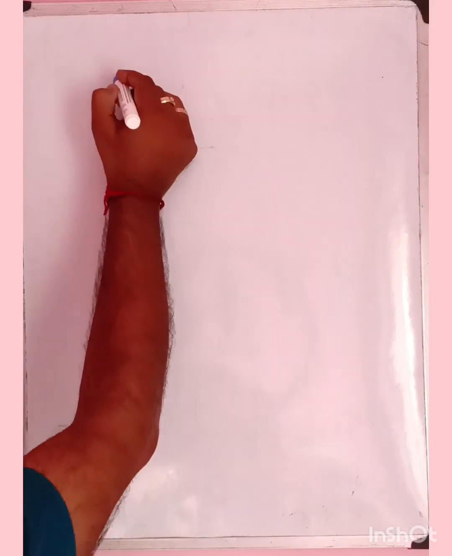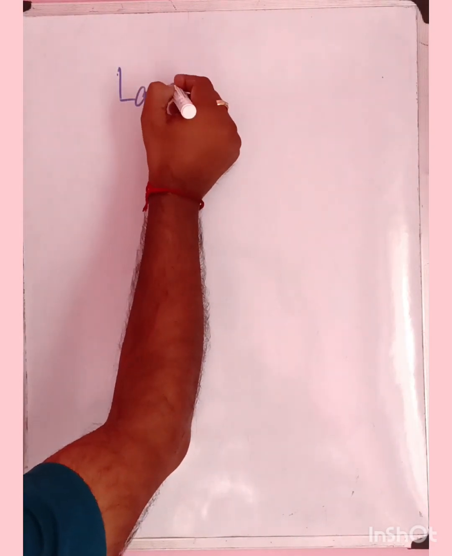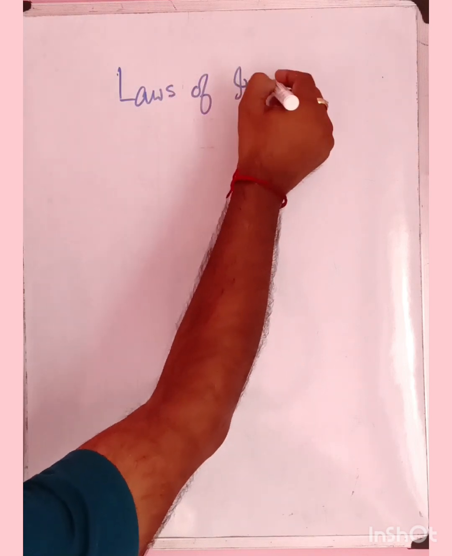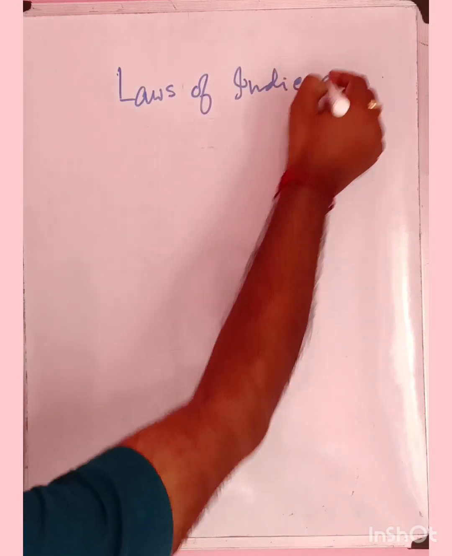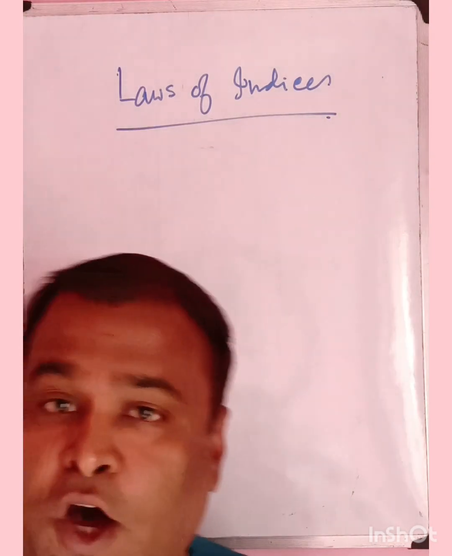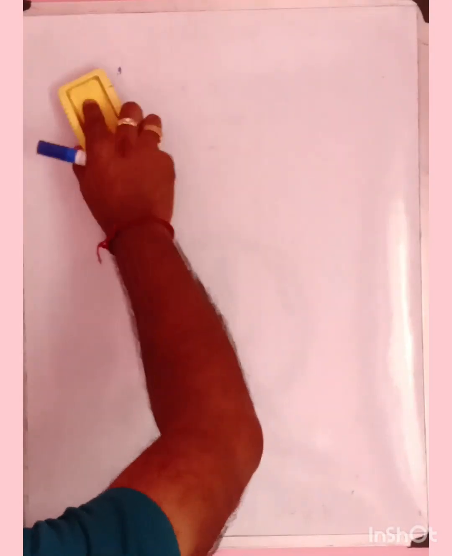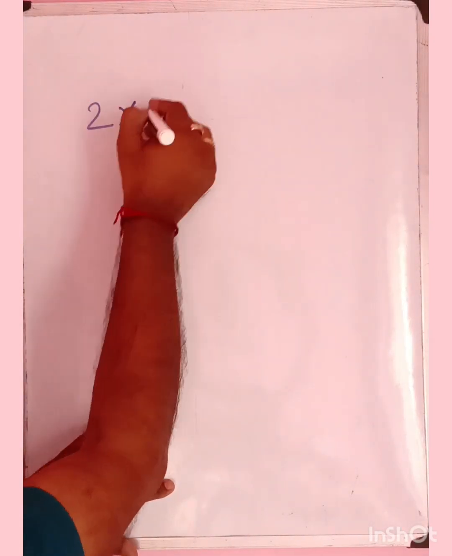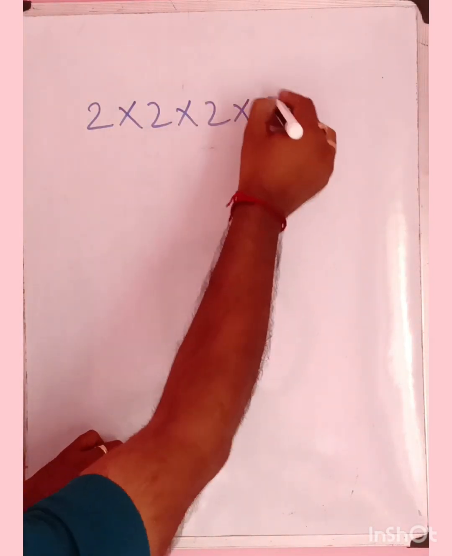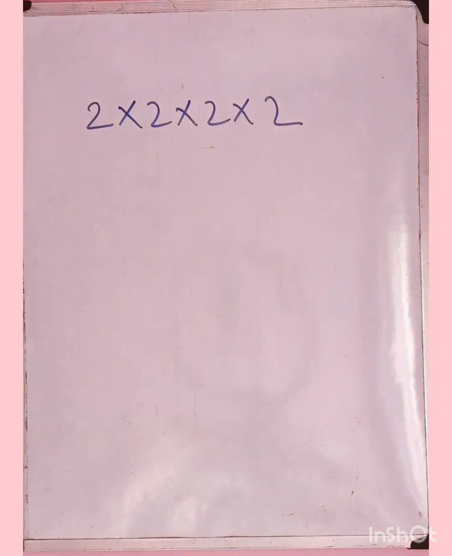So today our topic is laws of indices. You know, if we multiply a number repeatedly by itself, something like this, we are multiplying 2 4 times.